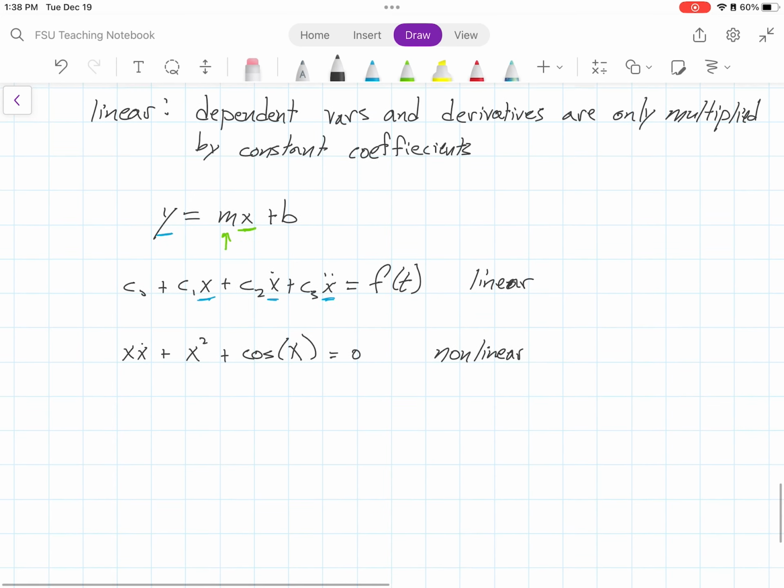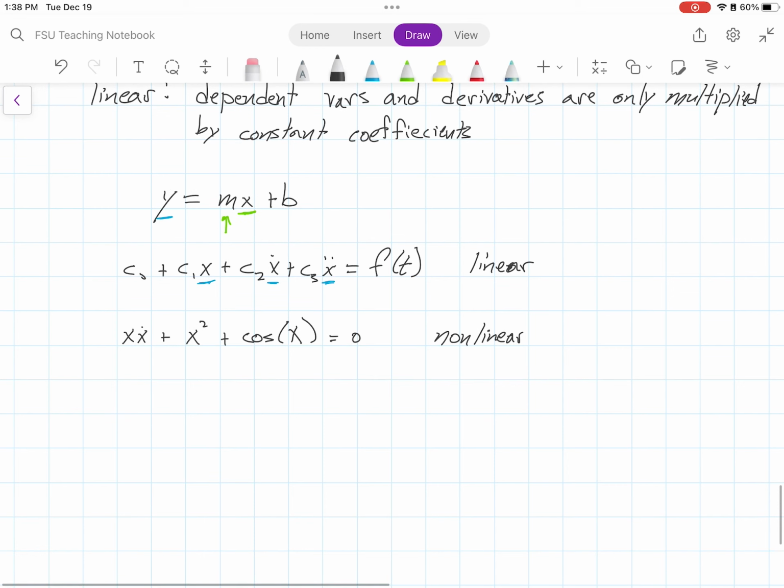I should say, these coefficients are not necessarily constant, but they do not involve the dependent variables. They do not involve x. So we can have a constant or a variable coefficient. So if you said t times x double dot plus t squared x dot plus cosine of t times x, x is not multiplied by anything that involves x.